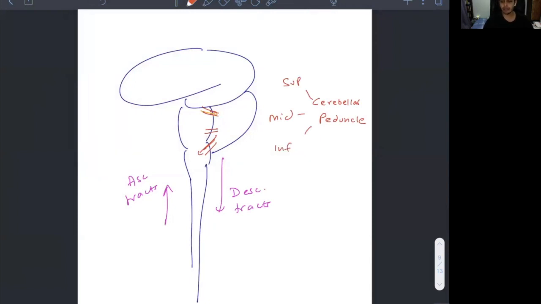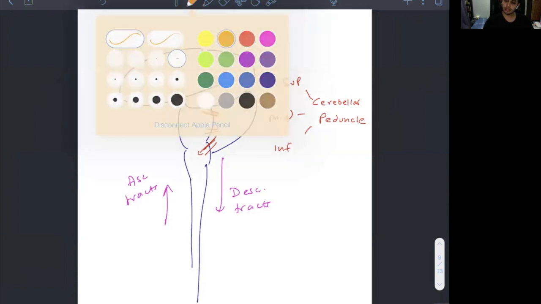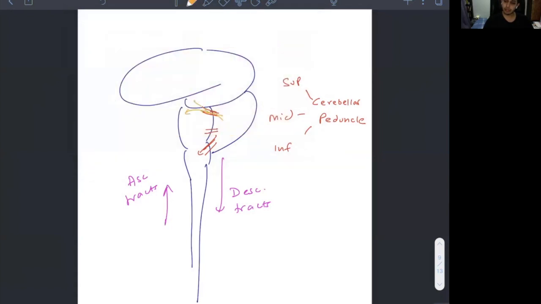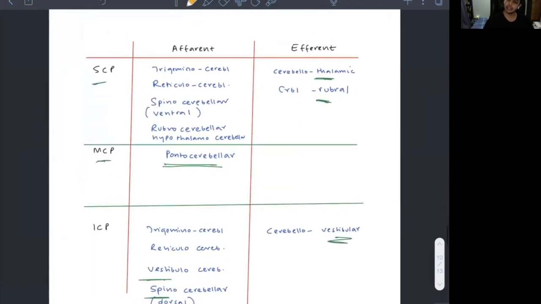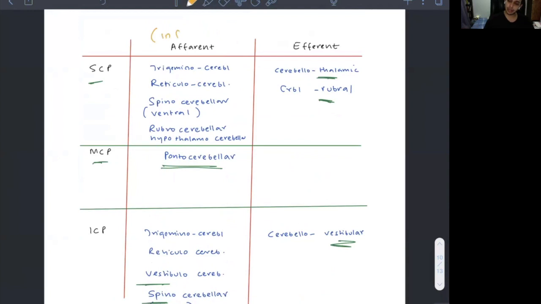So through each one of those doors, there are certain fibers that go in and certain fibers that come out. Okay, go in, come out, go in, come out. So through each one of these doors, there are incoming tracts and exiting tracts. So that is what this is. So the afferent fibers are incoming, and the efferent ones are exiting. Okay.